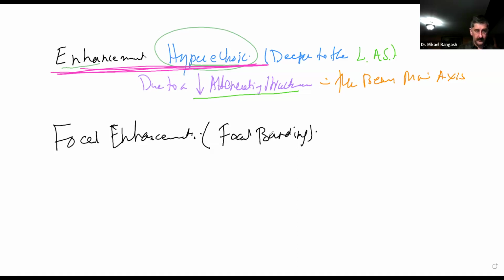Just look at it this way, probably the easiest way to look at it. When we said enhancement, what was that going to be? A hyperechoic reflection. Is that clear?